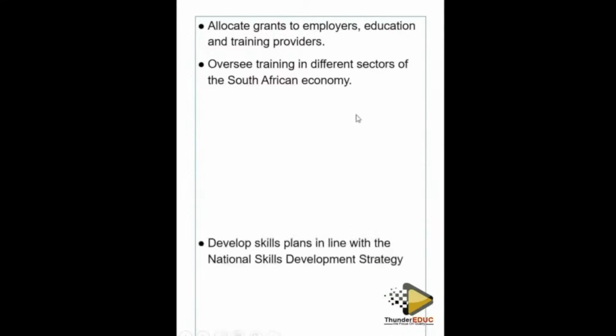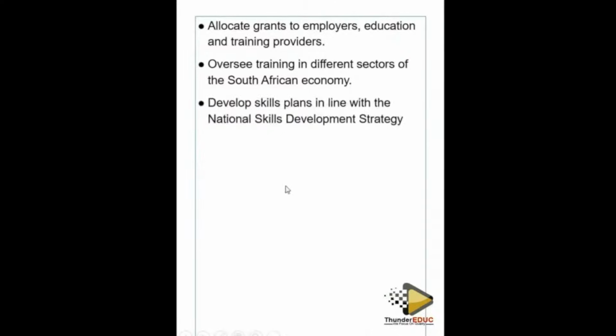Okay, so now moving on, we are saying that another function of SETA is to develop skill plans in line with the National Skills Development Strategy. This is a technique that the government has put into place so as to enhance the skills of South Africans nationwide.